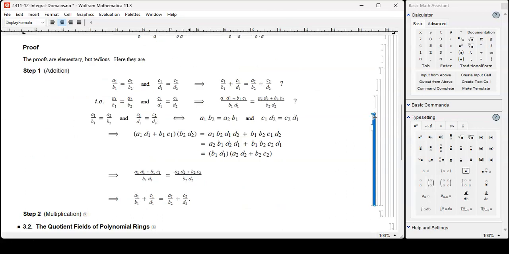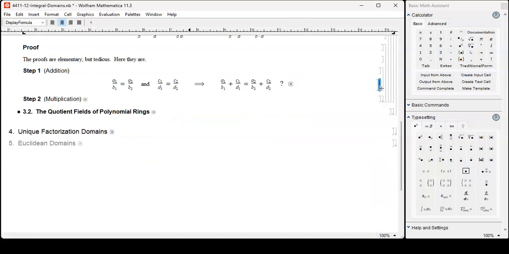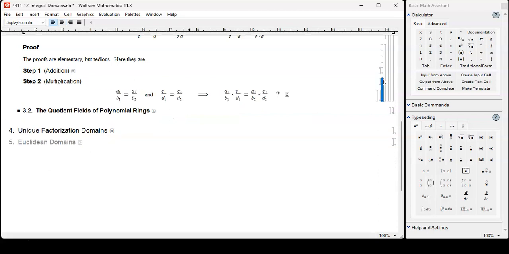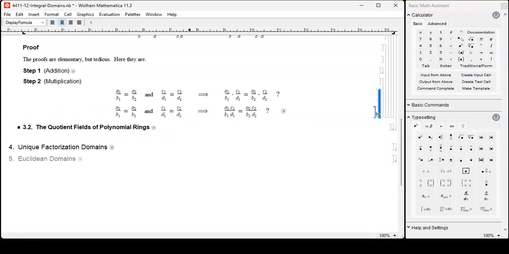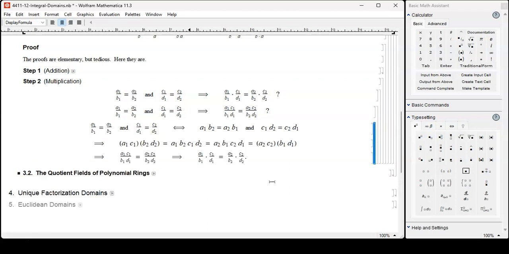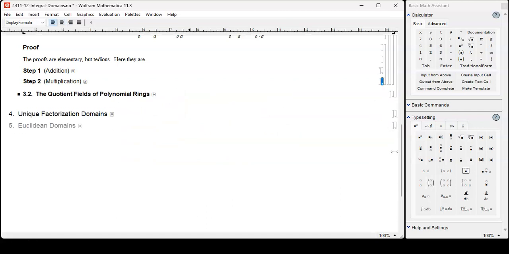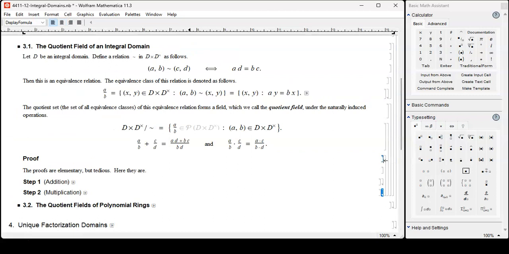All the computations here are elementary, but just tedious. So I'll just leave you there. If you have some time to burn, work those out. And the same for multiplication. All these computations are correct, but tedious. They're all elementary, but they're tedious.